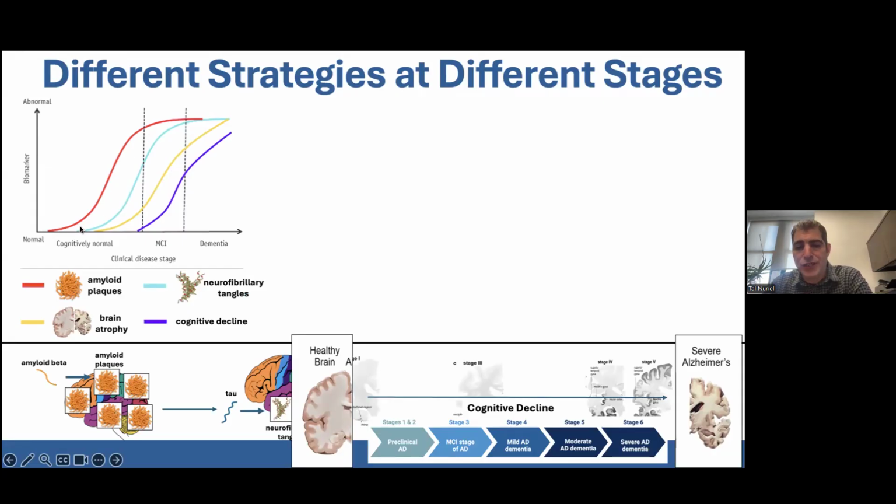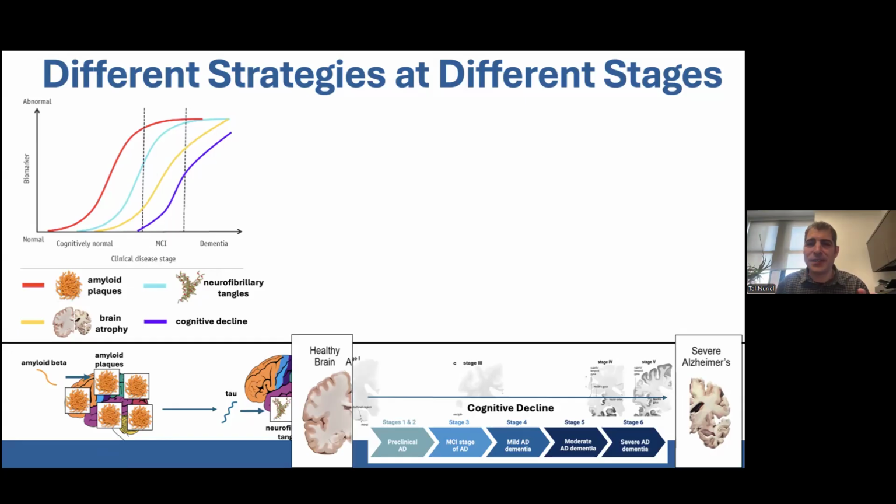But basically, all this is showing is the same thing as here: you have this increase in amyloid, this increase in tau, then this increase in brain atrophy, and then this increase in cognitive decline that happens in this sequential pattern. And it's only once you get to a point where you have lots of tau and the beginnings of brain atrophy that you get to MCI and eventually Alzheimer's disease.